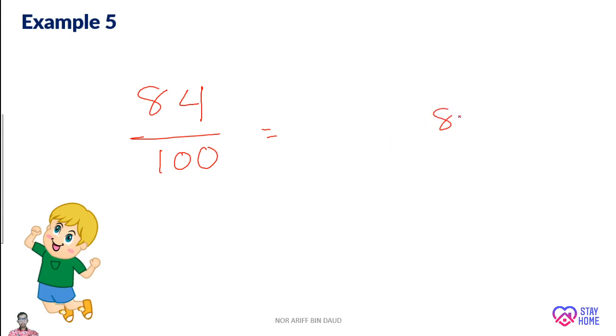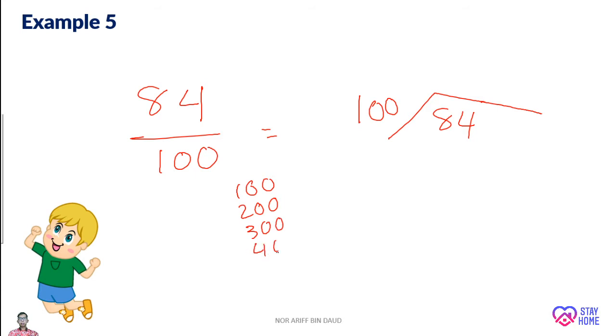You put 84 inside and put 100 outside. Times table of 100: 100, 200, 300, 400. Now 84 divided by 100. First you put a decimal here.